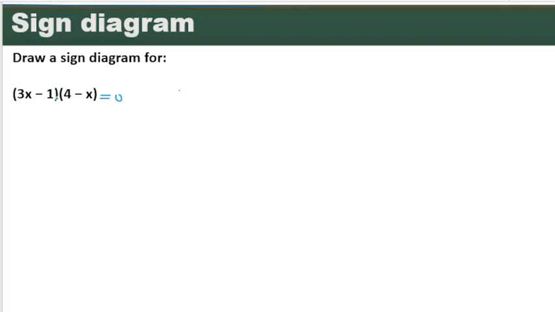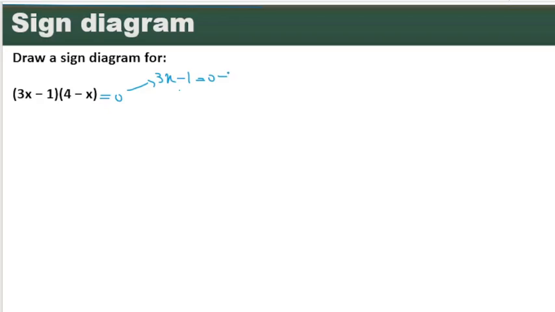If the product of two terms equals 0, at least one of them must be 0.